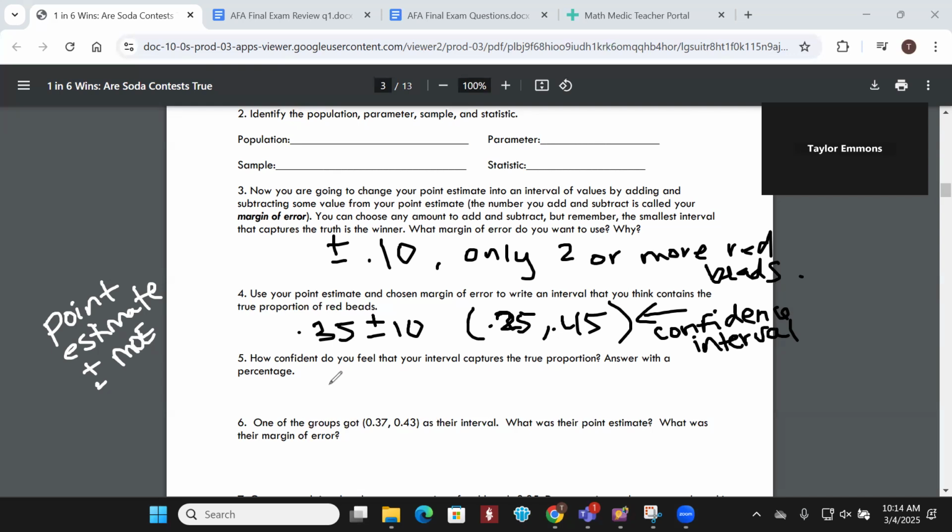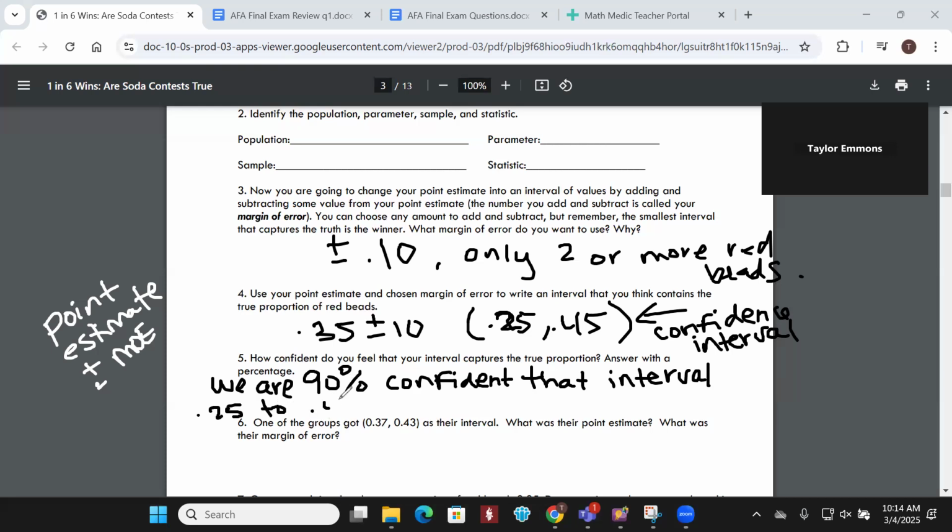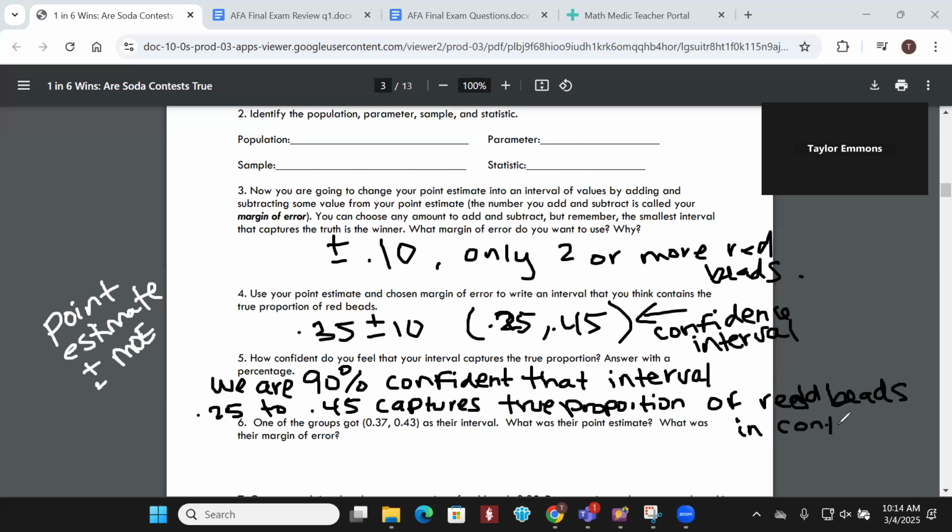Okay, let's go with 90%. So we are 90% confident that the interval from 0.25 to 0.45 captures the true proportion of red beads in the container.